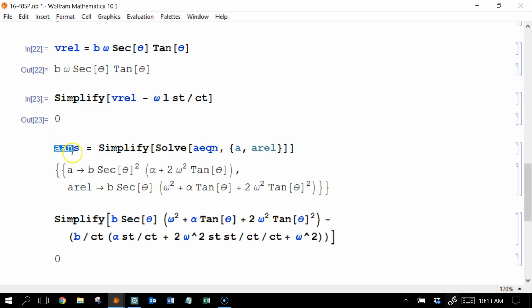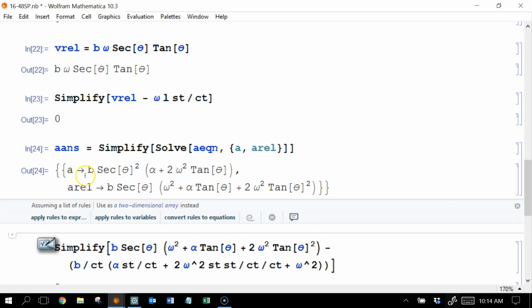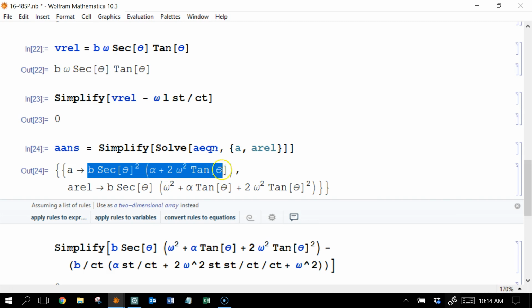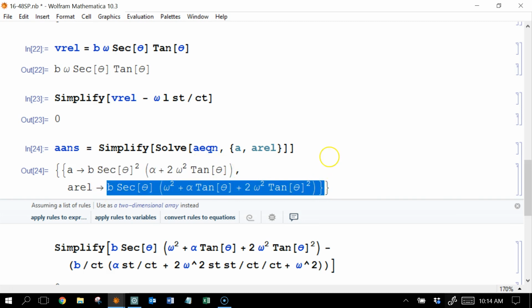I'm going to call it acceleration answer. So execute that. It comes up and says, okay, the magnitude of the acceleration is this piece right here, and the AREL term is this piece right here. Okay. Now, what I wanted to do was to make sure that the AREL term that I got by hand was equal. So I copied this and pasted it in down here.